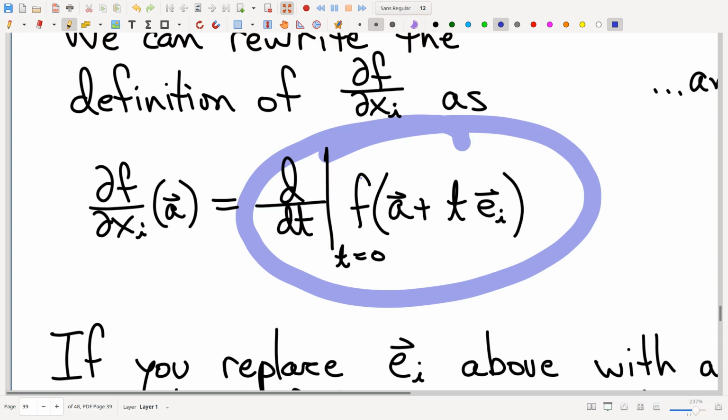So wherever I am, I'm moving in the xi direction. And as I move only in the xi direction, all this says is I'm taking the derivative of f with respect to t as I move in that direction. That is one of our interpretations of partial derivatives. I hadn't written it down in this form before, but it's a way of saying how fast the function changes as you move in that specific direction.